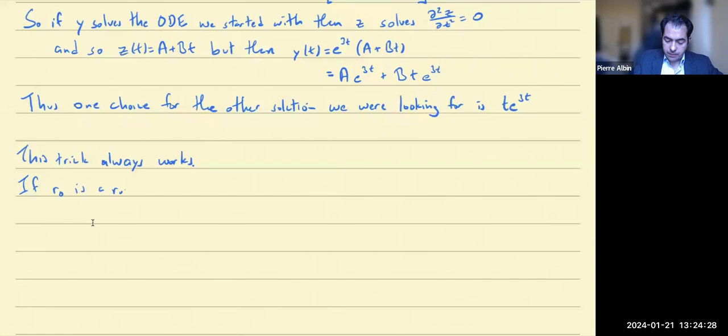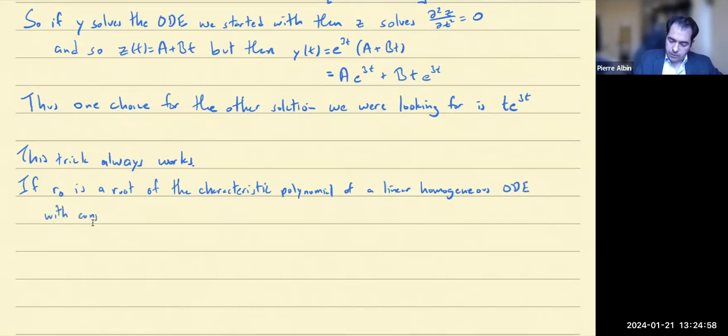If r0 is a root of the characteristic polynomial of a linear homogeneous ordinary differential equation with constant coefficients, and it's a root of multiplicity k, then I should find k solutions of the differential equation corresponding to it.